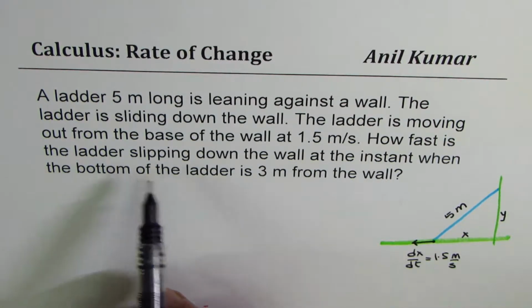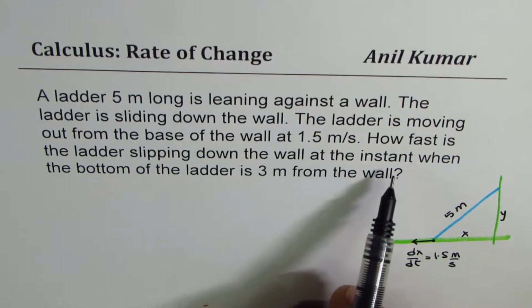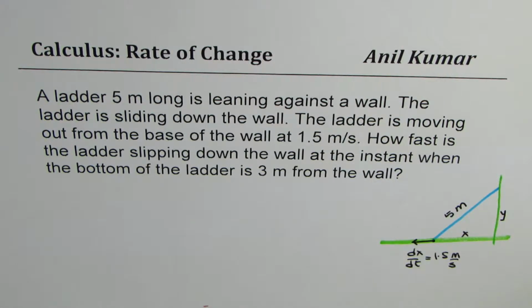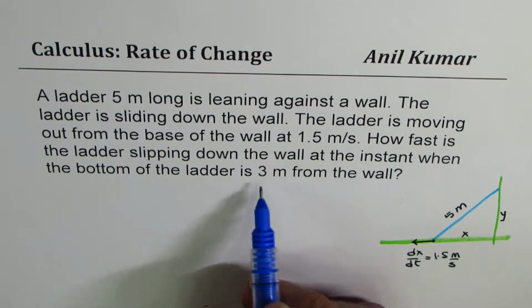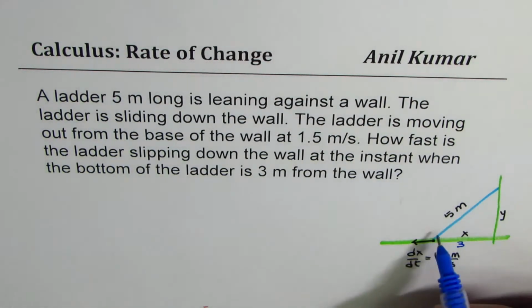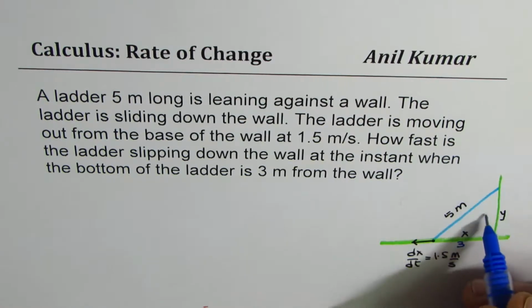How fast is the ladder slipping down the wall at the instant when the bottom is 3 meters from the wall? So we have to find the rate of change of height in that case when the bottom is 3 meters. So if the bottom is 3 meters, hypotenuse is 5, height at that time will be 4, right?